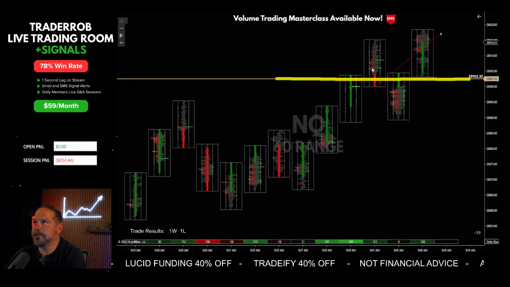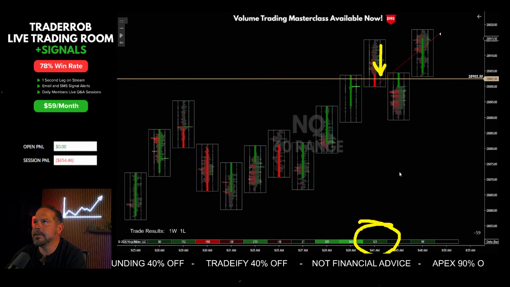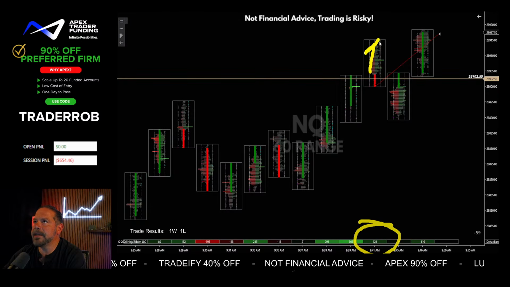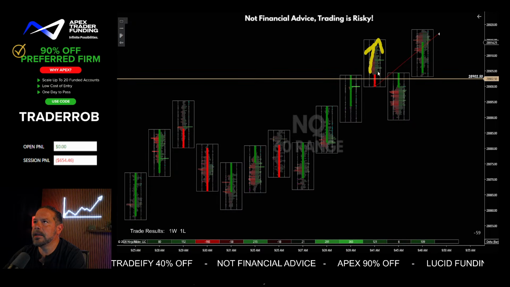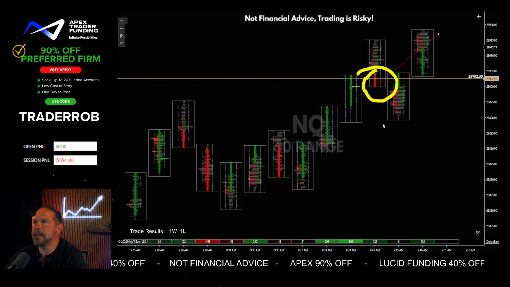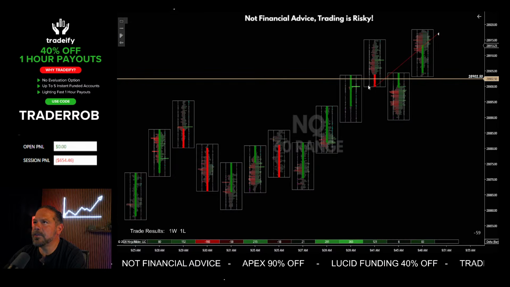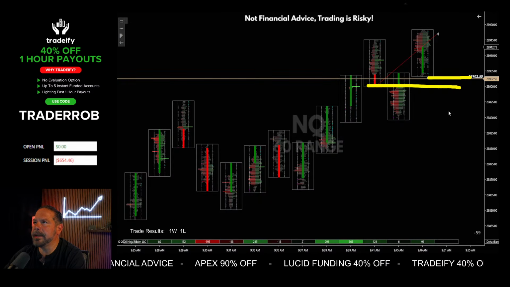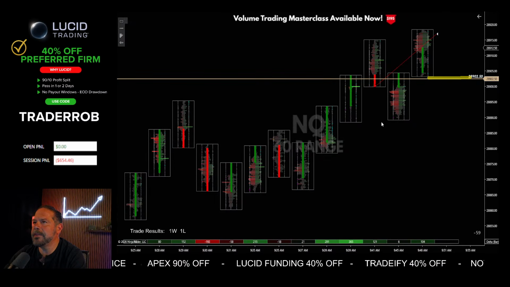What I'm looking for is a flip where I get a red footprint candle with positive delta, which tells me that as much as buyers were trying to get this market moving forward, which in the end they did, this was still able to close as a red footprint candle. So the sellers were still able to take control. That is my trigger for a short off of this key level of the initial balance. Typically target 15 points, sometimes target 20 points.